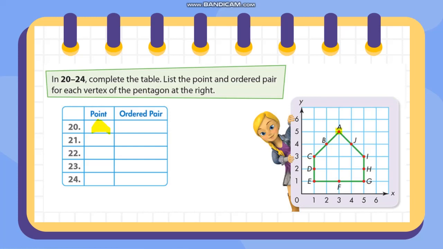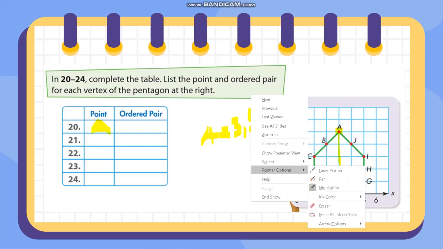So from the point of origin, I will move 3 times, going to the right, because that is my x-coordinate, 3. Then 1, 2, 3, 4, 5. So letter A is 3 and 5. So the ordered pair for letter A is 3 and 5.